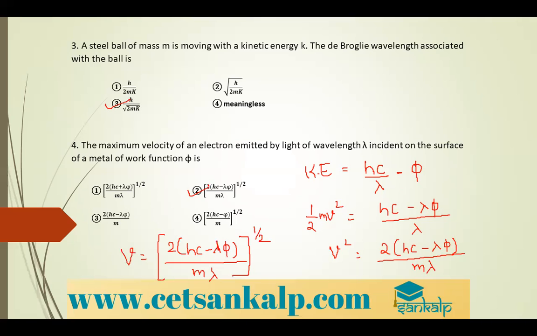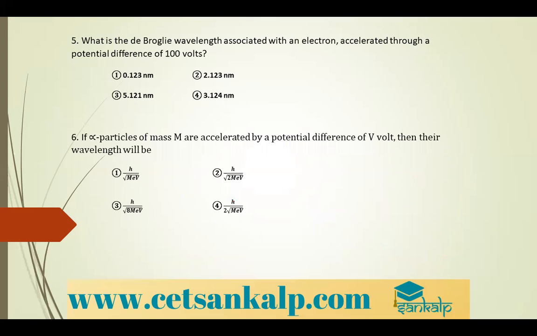Next. What is the de-Broglie wavelength associated with an electron accelerated through a potential difference of 100 volt? So you have the direct formula. Lambda is equal to 1.227 divided by root V. V is given as 100.